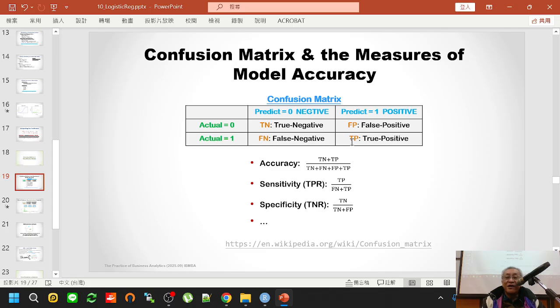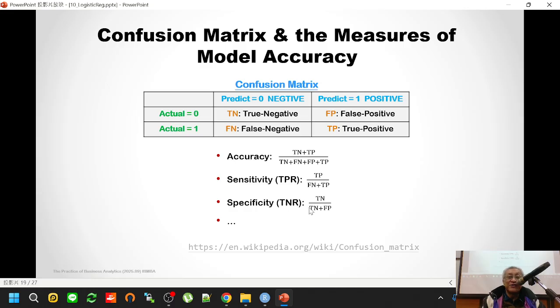Now, out of TN, TP, FN, and FP, we can define a series of accuracy metrics. The first one is accuracy. As you can see, you add all four numbers together as the denominator, and the numerator is TN plus TP.